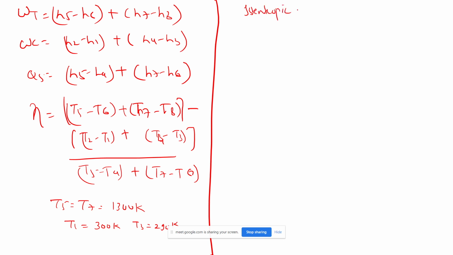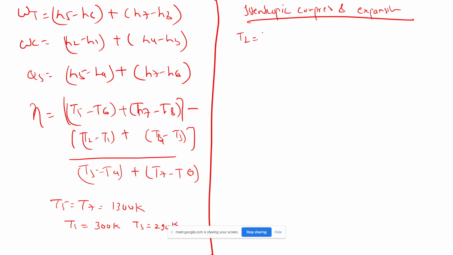By isentropic compression and expansion identities, you can calculate the other temperatures, that is T6, T7, T8, T2, T4. Can you calculate all those and tell me what you have got?